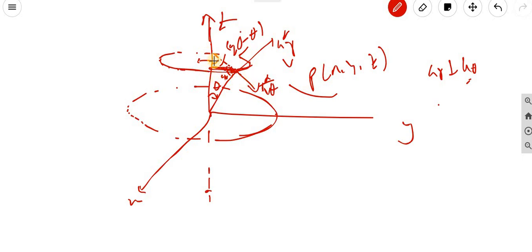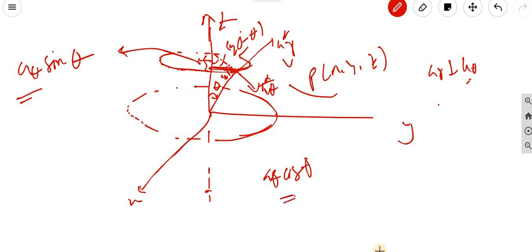This component would be A theta sin theta, and this component would be A theta cos theta. Clear?